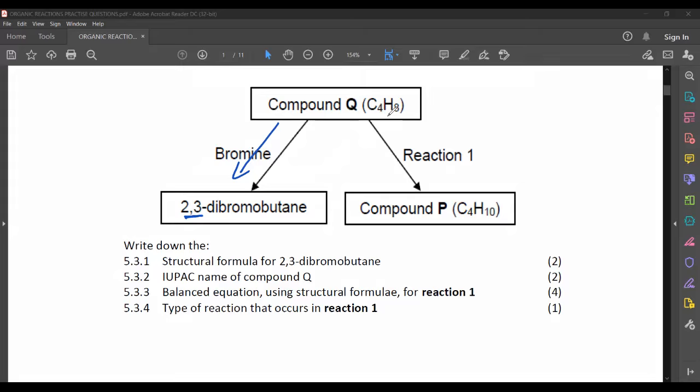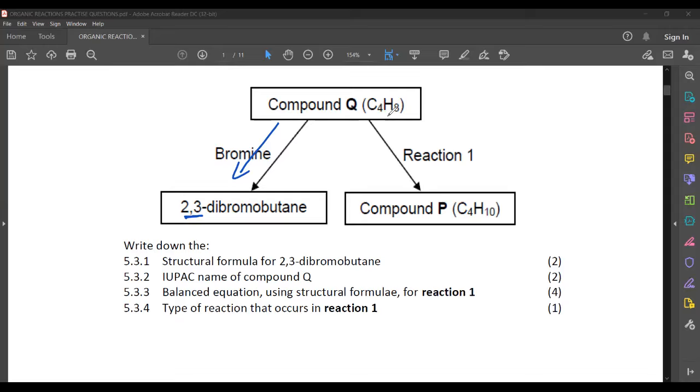So C4H8 as a molecular formula has 2 structures. It has but-1-ene or but-2-ene. Because they gave us this reaction where you're coming from compound Q to 2,3-dibromobutane, you can actually tell which one it is for Q. It is but-2-ene. It's not butene or but-1-ene because the double bond that is broken is on carbon number 2 right there. That's why you added those 2 Brs there.